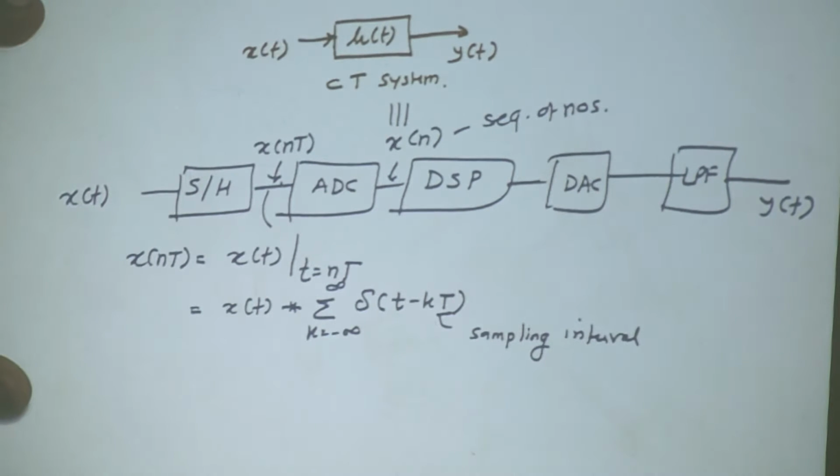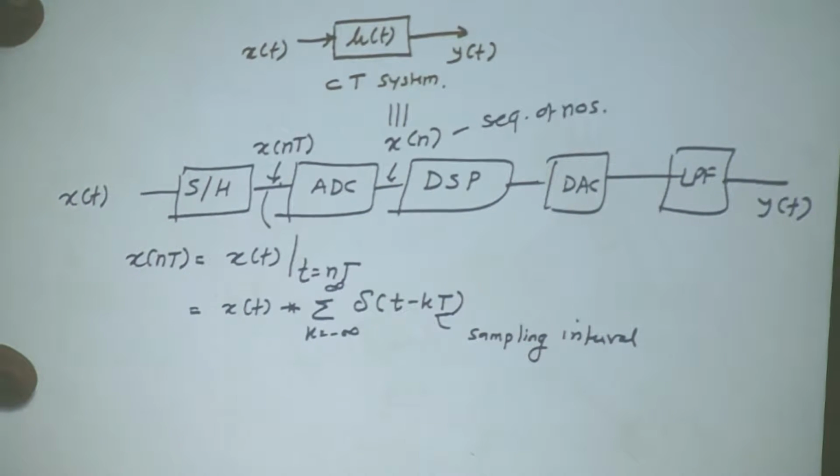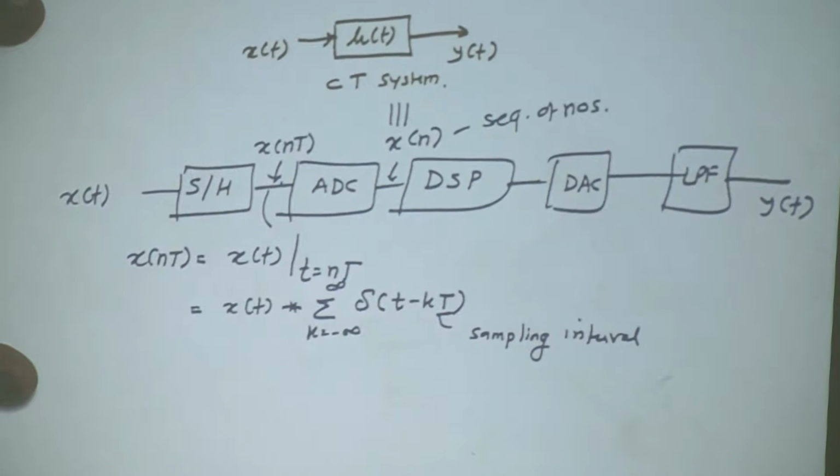Then DSP is what? When we are trying to say digital signal processing, it means it is processing a sequence of numbers by using some algorithm. So it's going to be a program running on a general purpose processor, or it's going to be dedicated hardware in the form of a digital signal processor, which is designed for a particular task.